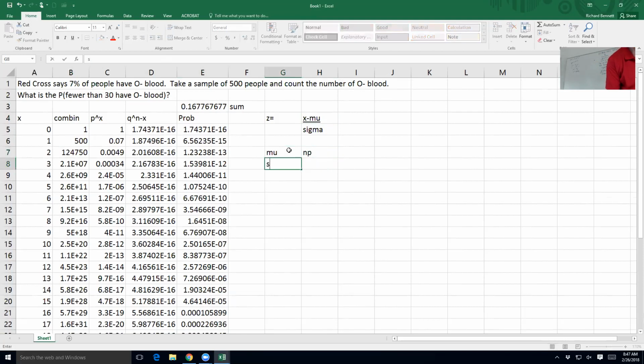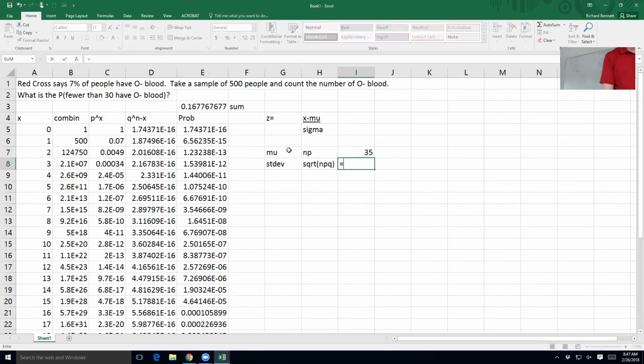I need to find my standard deviation, which is the square root of NPQ. So in this case, what's my N? 500. What's my P? I'm going to multiply those together, times 0.07. That gives me, so out of 500 people, I would expect about 35.